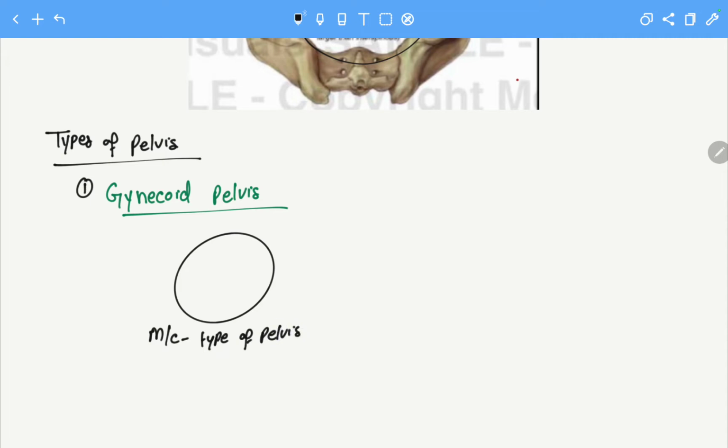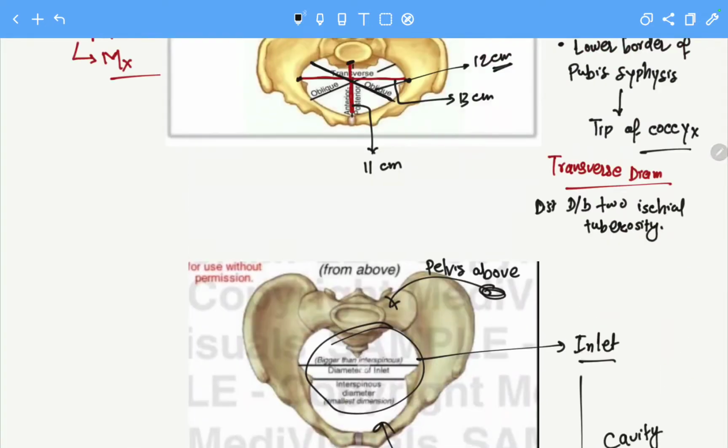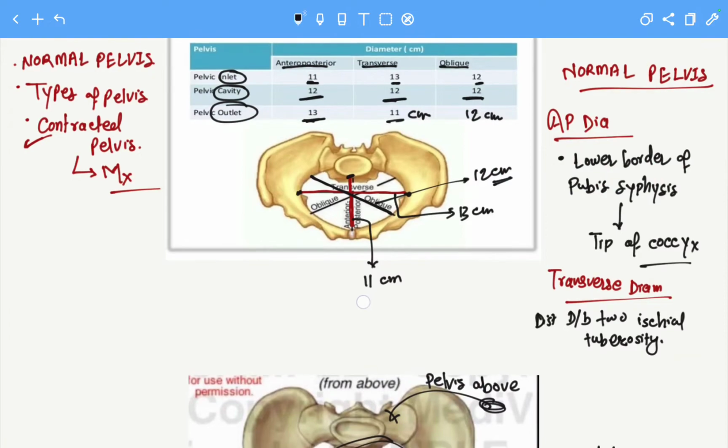What other points can you remember from here? This is the best type of pelvis for vaginal delivery. In the normal gynecoid pelvis, the transverse diameter for the inlet is more than the AP diameter.